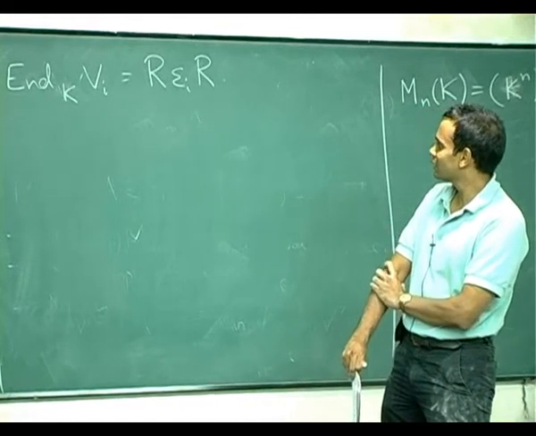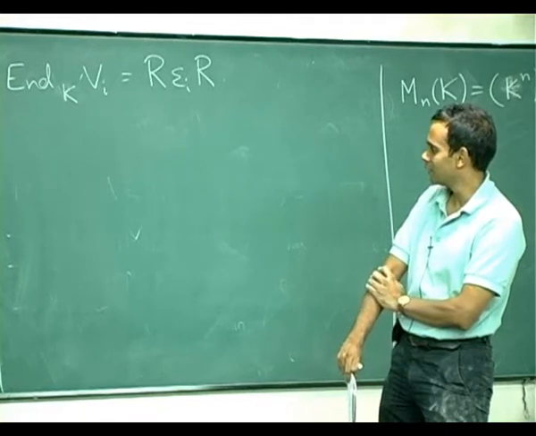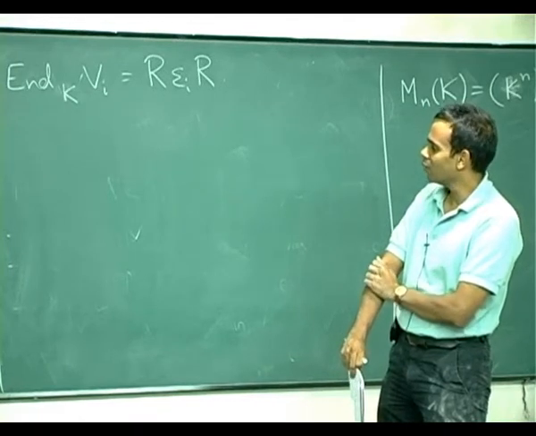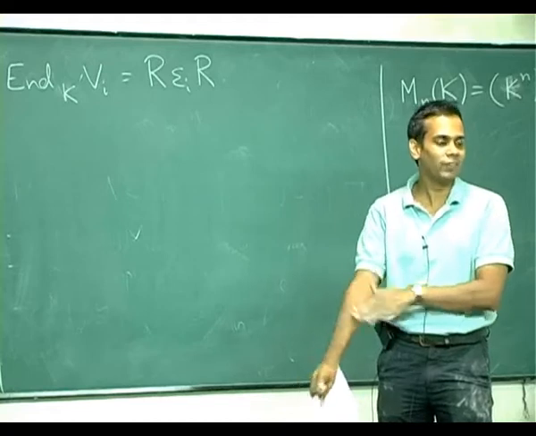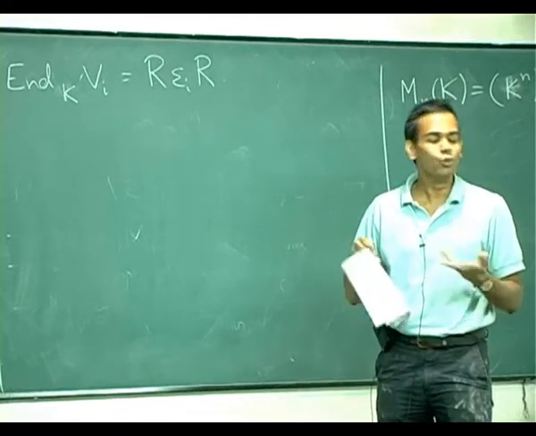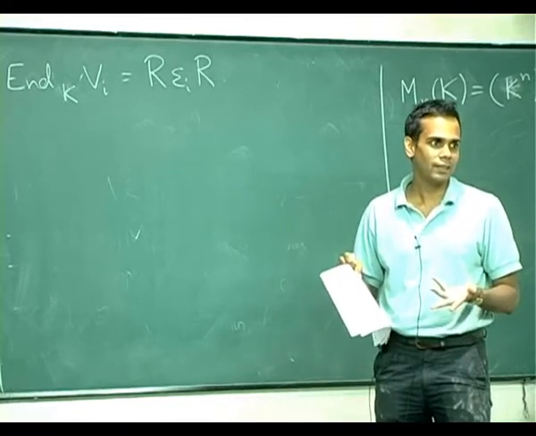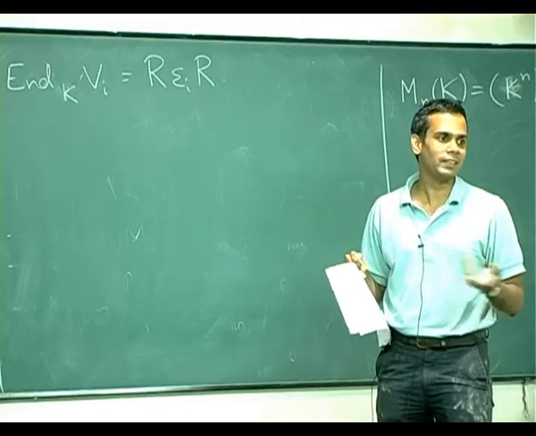So your question is, how important are these epsilon i's somehow? If we understand the epsilon i's, do we understand R completely? Exactly. The answer is in many senses yes.